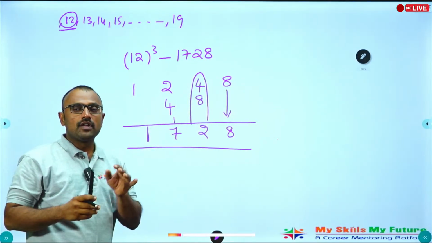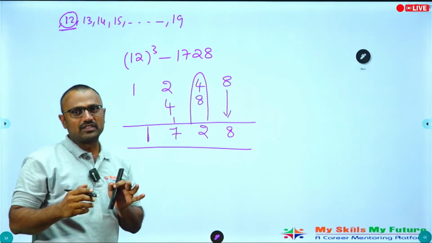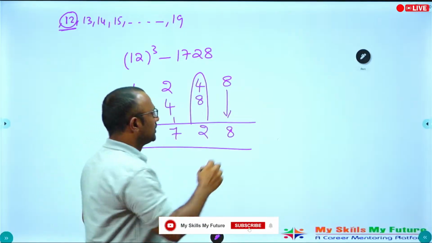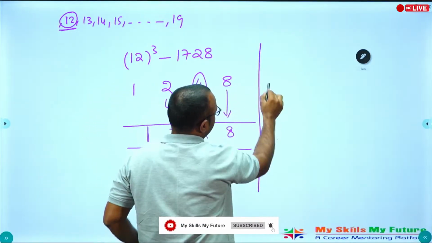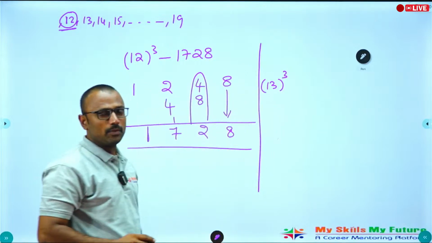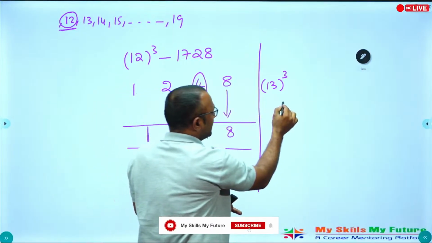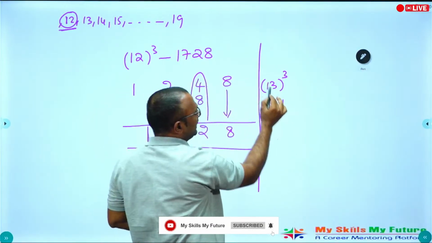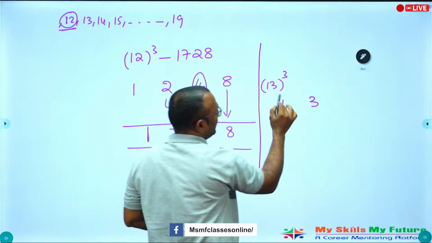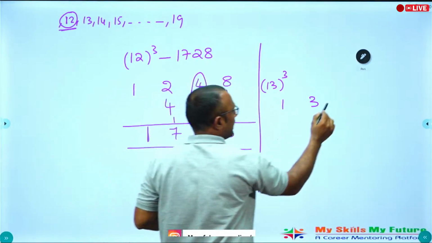What is the 12 cube? 1728. One more example starting with 1 in a 2-digit number. I am taking 13 cube. What is the process? Write 1 as it is, write 3, and write 3 square, which is 9.